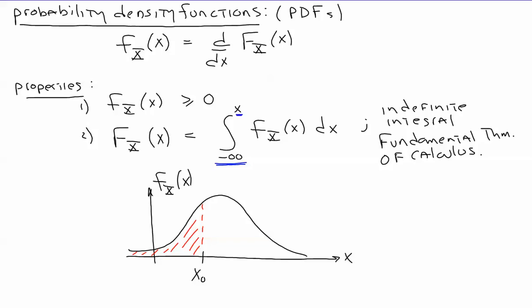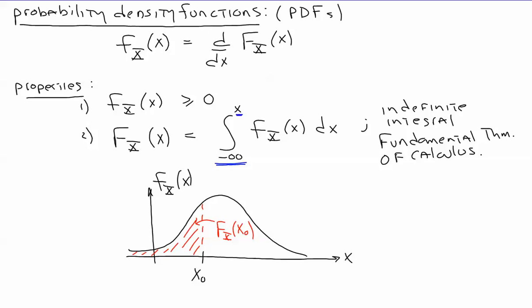This area is the integral from minus infinity up to x naught. This is the cumulative distribution function evaluated at x naught. All right? I integrate from the left-hand side of my probability density function to get my cumulative distribution function value.